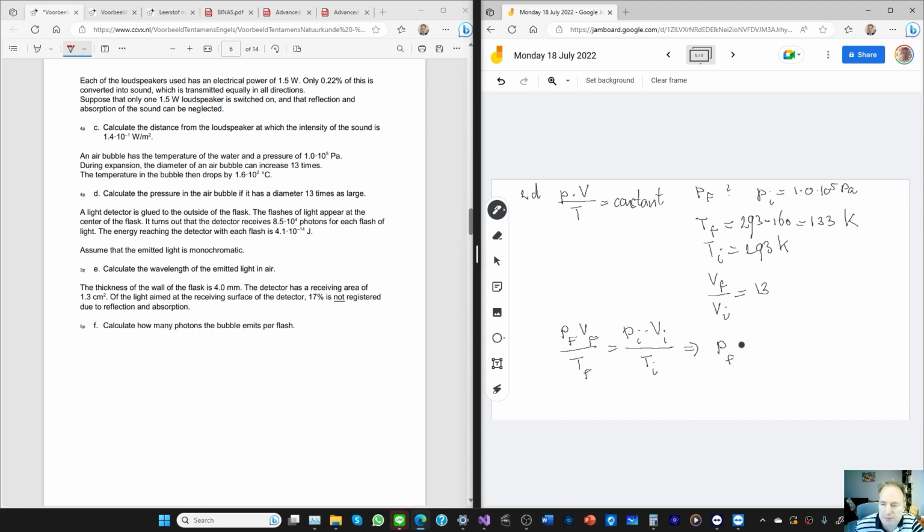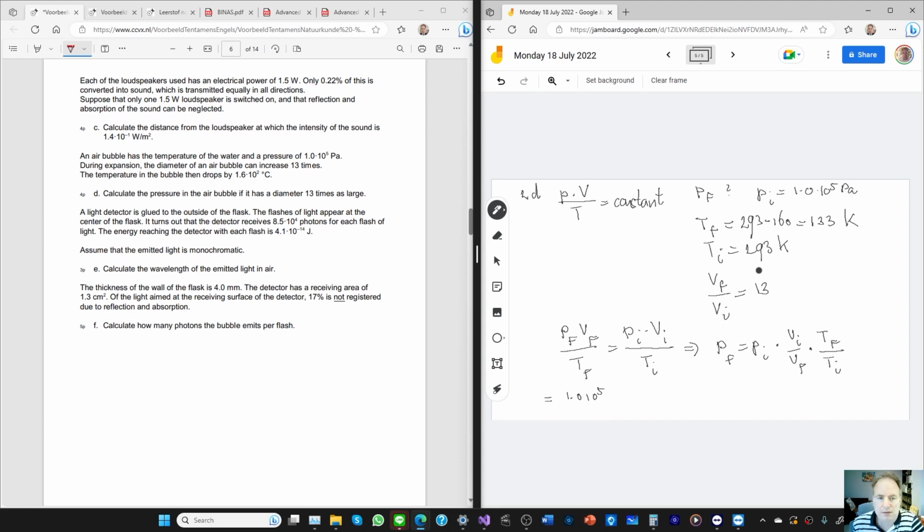So P final is then P initial times the ratio of the volumes, V initial divided by V final, times the final temperature divided by the initial temperature, right? Basically, the pressure is proportional to the temperature, inversely proportional to the volume. And now we just substitute. So we get this.